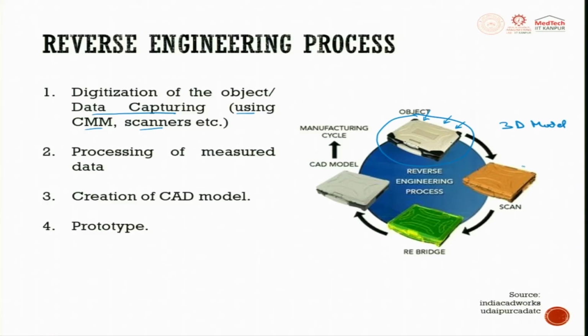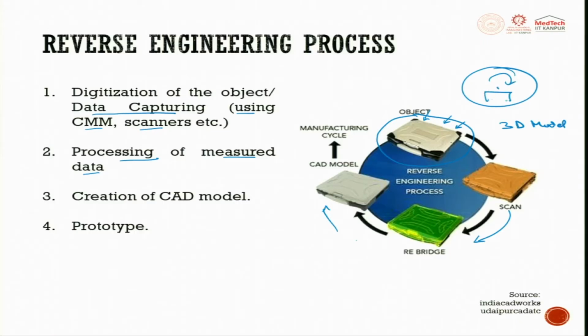Then we try to build a bridge of that, this RE bridge, and we then develop a CAD model. Now, processing of the measured data implies the data that is scanned; there would be multiple replicates of the data that is scanned. For example, if this laptop is to be scanned using a 3D scanner, it would be scanned maybe 20 times. It would be kept on a plate that would be rotating.